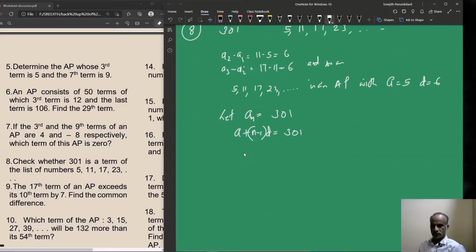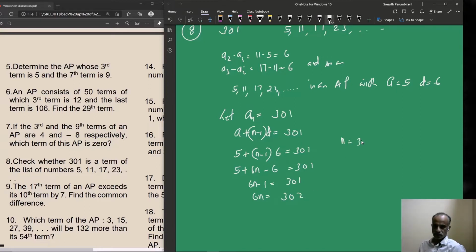That means 5 plus n minus 1 into 6 is equal to 301. 5 plus 6n minus 6 is equal to 301. So that is 6n minus 1 is equal to 301, or 6n is equal to 302.